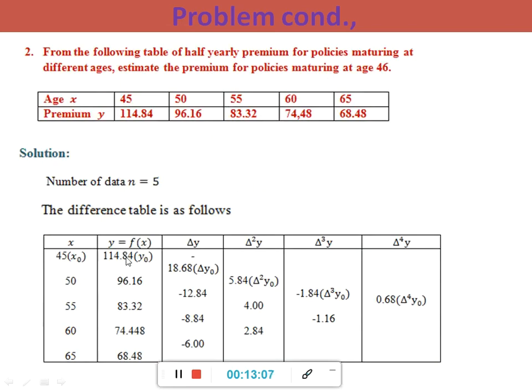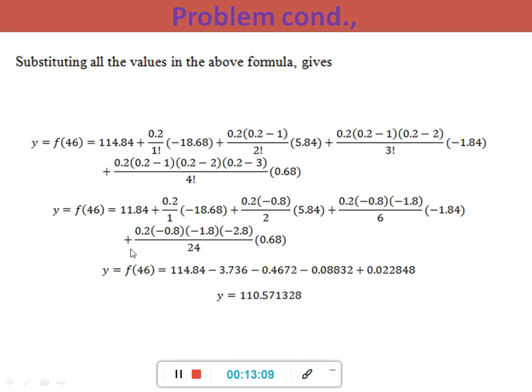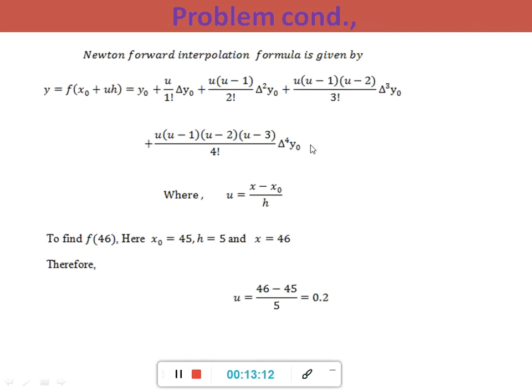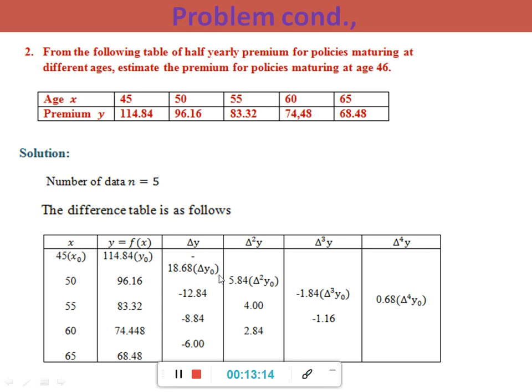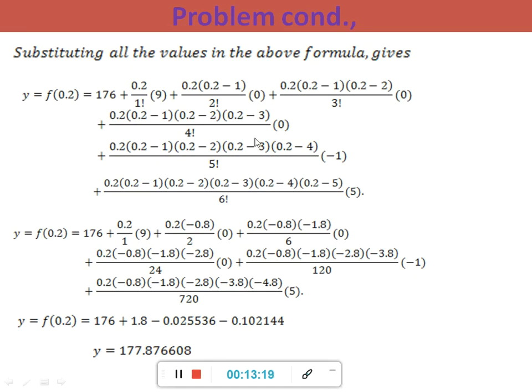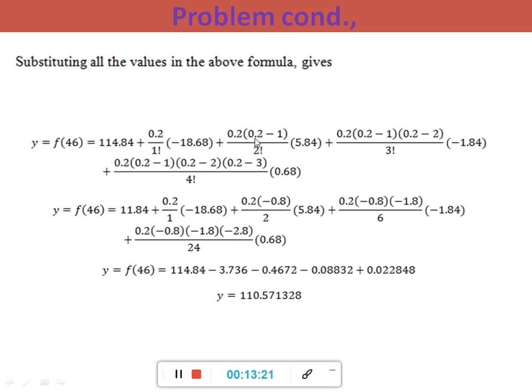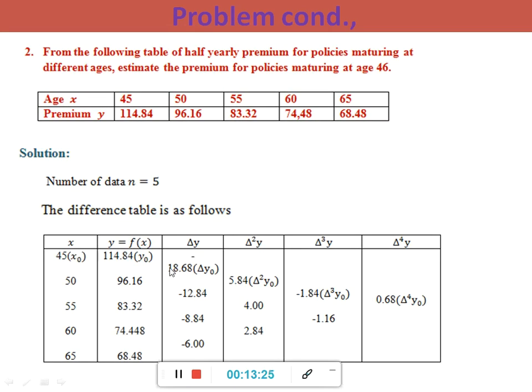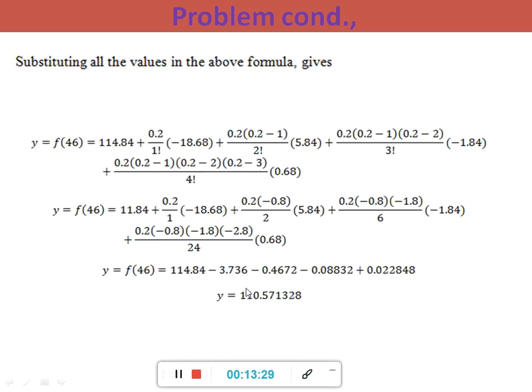Similarly, minus 18.68 is the first value in this first order difference. Next one is 5.84, the first value here. Likewise, we have to choose the first value in each column.